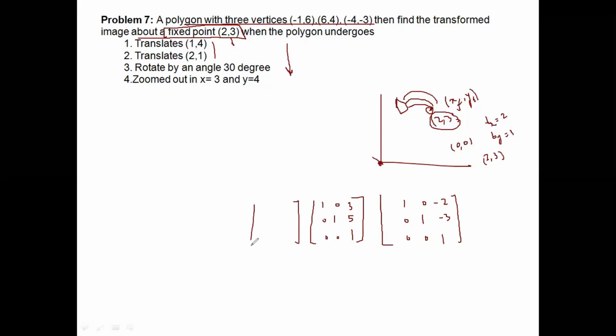Then we have the rotation: cos 30 degree, minus sin 30 degree, sin 30 degree, cos 30 degree. Then we write the scaling factors 3, 4, 1.